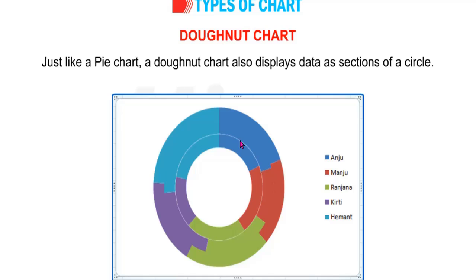The first circle, first test, second circle, second test, third one is third test, and more. Anju, see here, it is in this color. First test this much mark, second test a little more, and third test again it is reduced. So you can compare different series of data in a single chart like a pie chart.